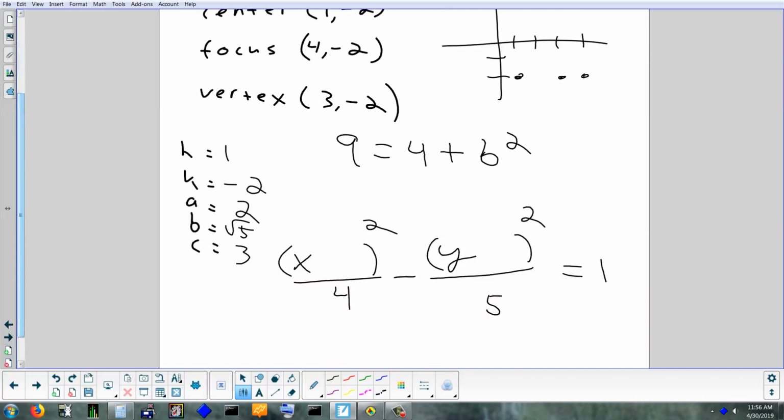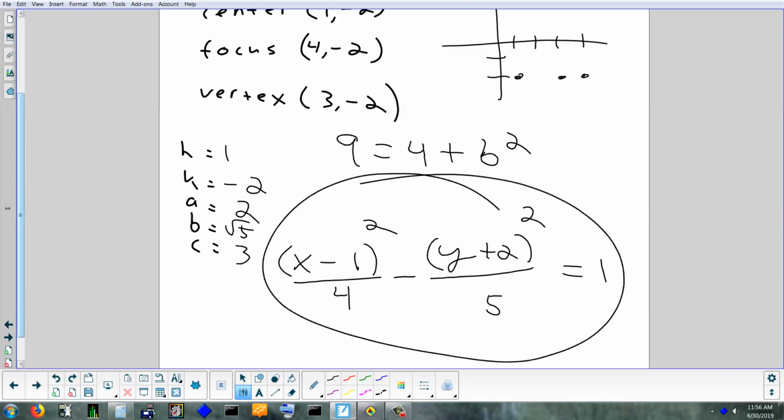X here, Y here. Now the H and the K, it's a package deal. What letter always goes with X? Minus H. So X minus H. Now, with the Y, be careful. It's Y minus what letter? K. But look at K, it's -2. What happens when I do Y minus K? Plus. And that's the equation of your hyperbola.